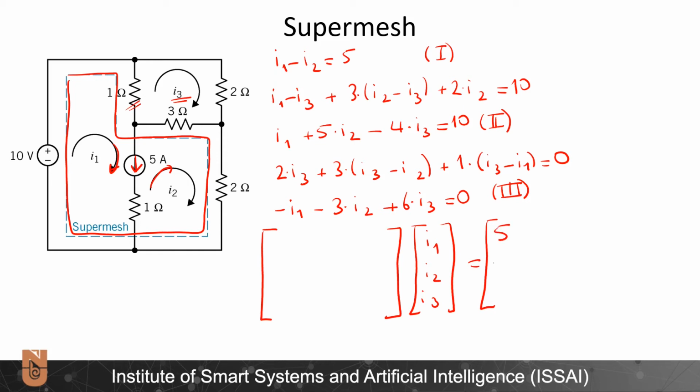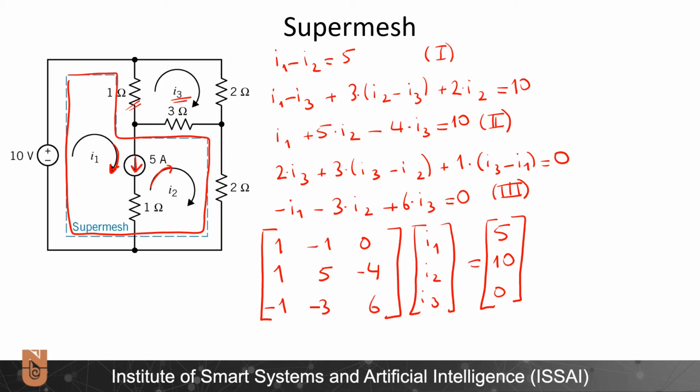From the second equation, I have 10. From the third equation, I have 0. What will I have inside the matrices? From the first equation, I have 1, minus 1, and 0, because there is no term related to I3. From the second equation, I have 1, 5, and minus 4. And from the third equation, I have minus 1, 3, and 6.